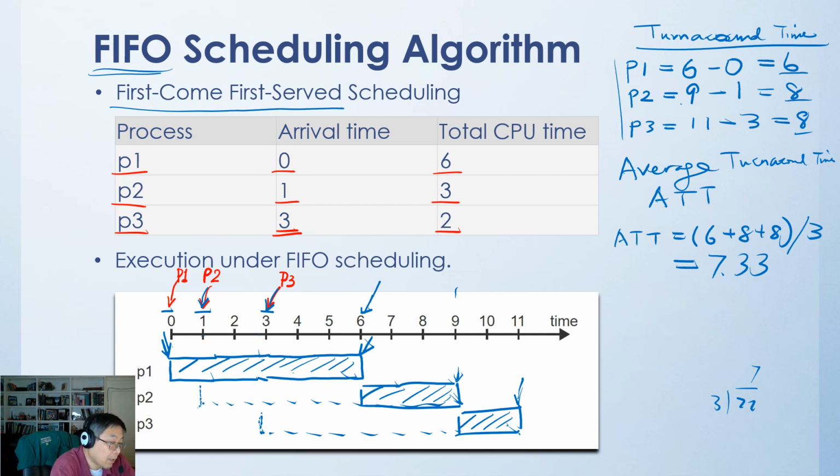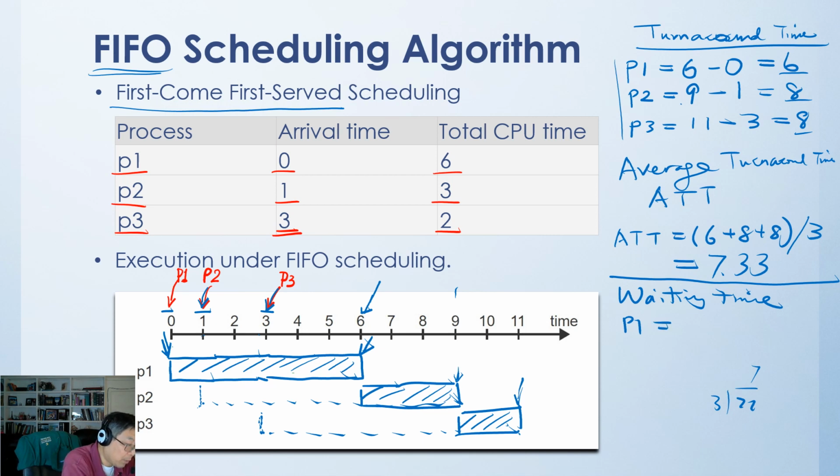Now sometimes we measure the performance of the algorithm using the average waiting time. The waiting time is kind of different. It just measures the time when the process arrives and the time when the process gets the CPU. So for example, the waiting time for P1.